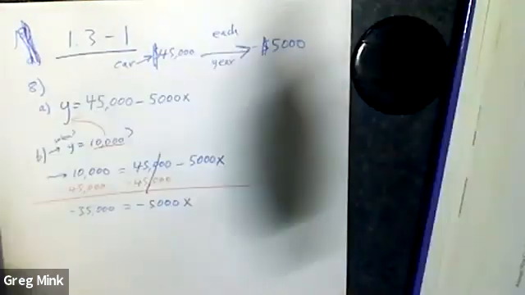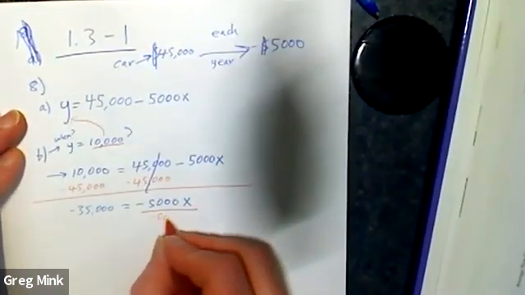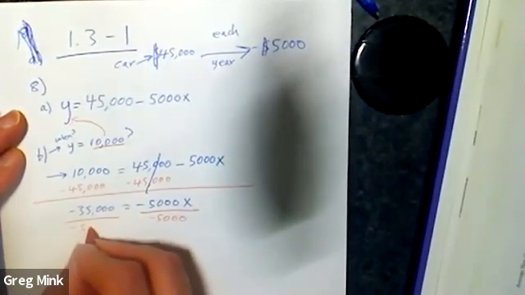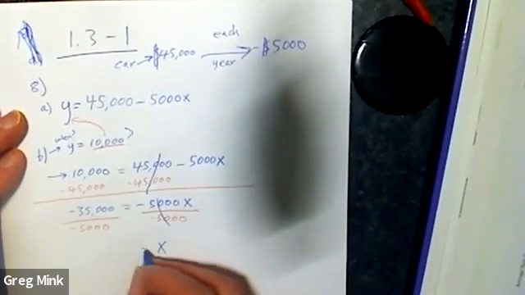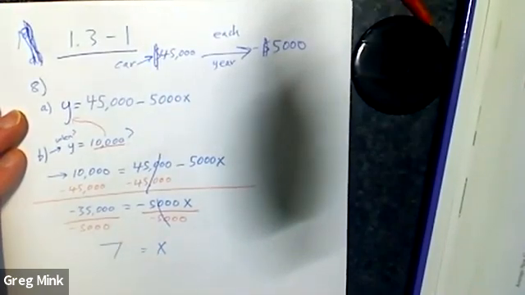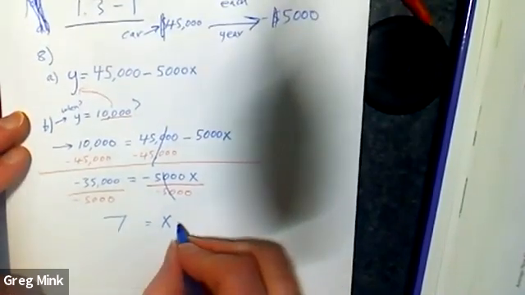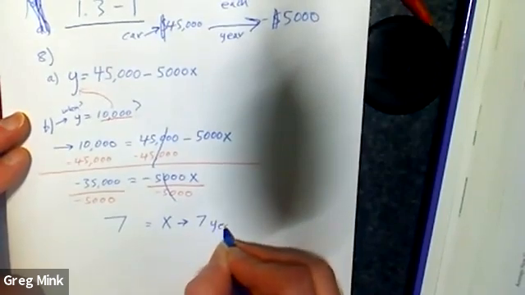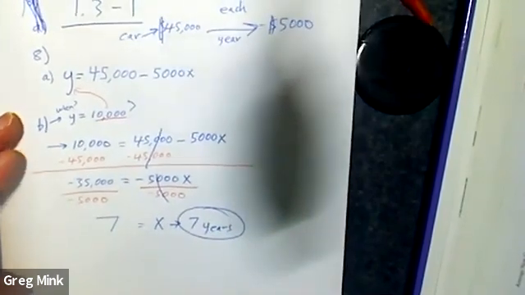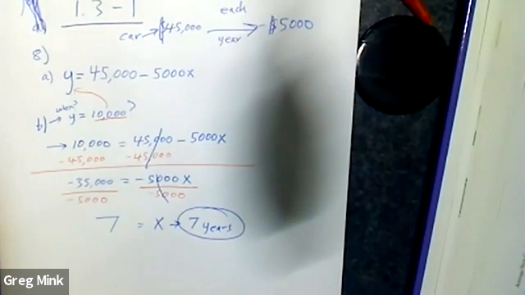I can divide both sides by negative 5,000 to get x by itself. And finally, I'm seeing x is equal to 7. Well, what does a 7 represent? That's 7 years. So in 7 years, if it follows this model, the car is only worth about $10,000.